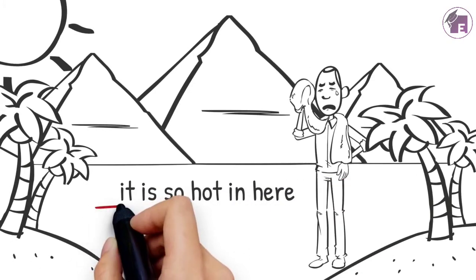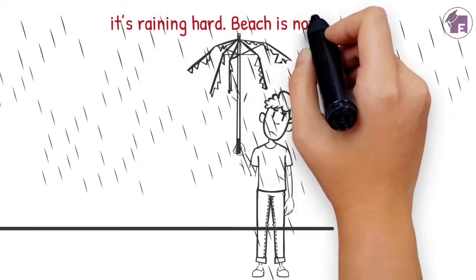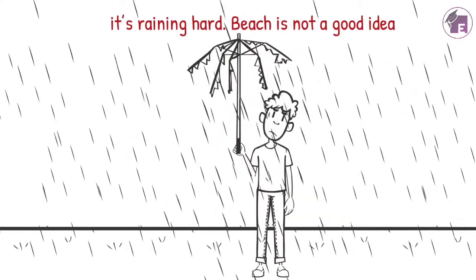The pronoun it doesn't refer to any particular noun. In fact, our focus in this sentence is not a subject, but the adjective, because there is no need for the subject. It's raining hard.